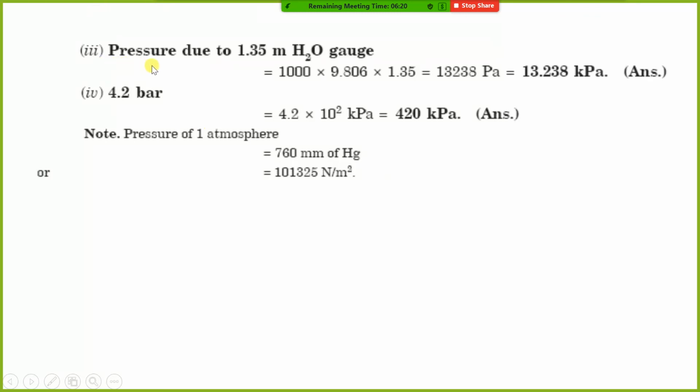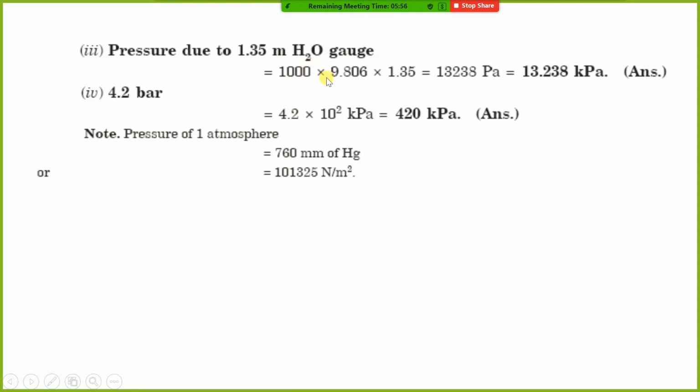Next, pressure due to 1.35 meter of H2O gauge. Again, we have to convert this into kilopascal. 1.35 meter is the value of h, and the fluid is H2O. We know the density of the fluid.